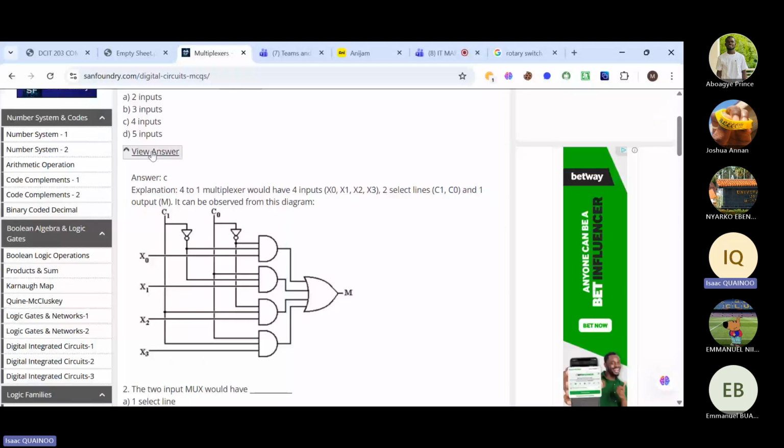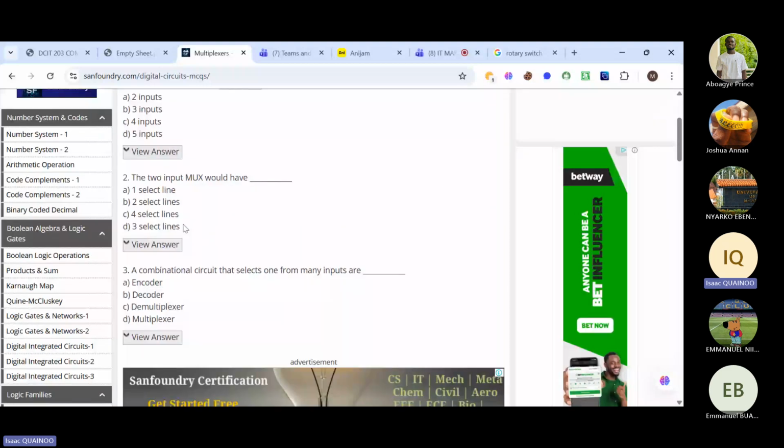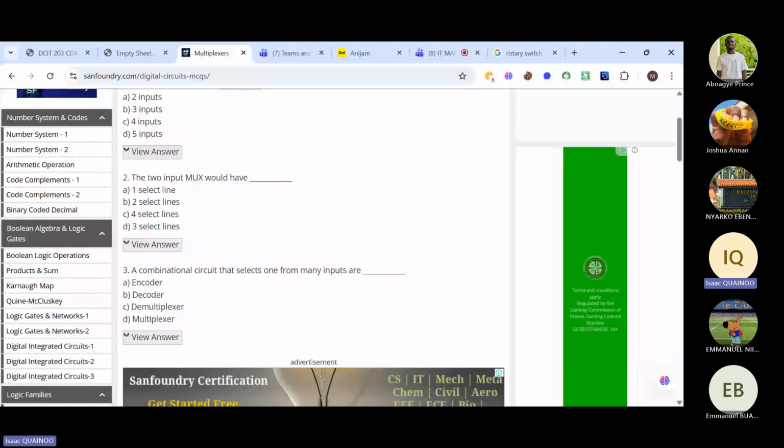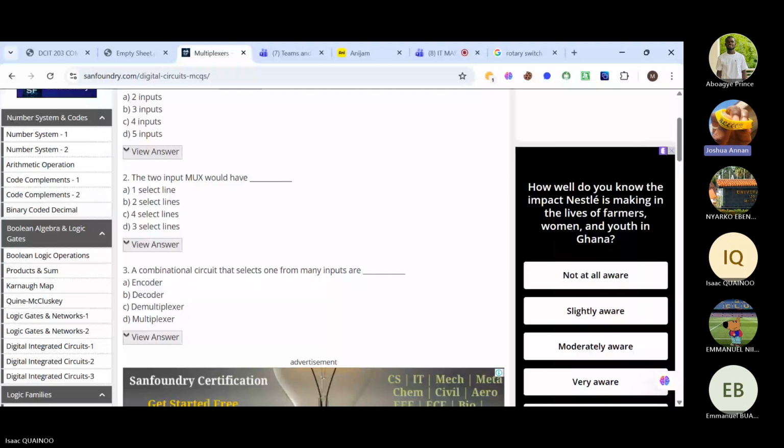So question 2, a 2 input multiplexer will have A, 1 select line, B, 2 select lines, C, 4 select lines, and D, 3 select lines. I'll go for one select line.